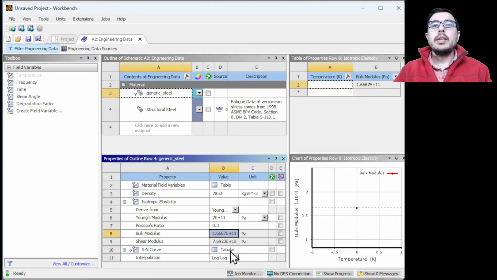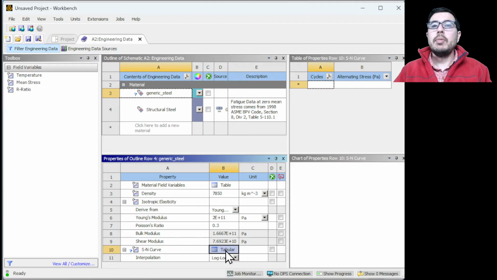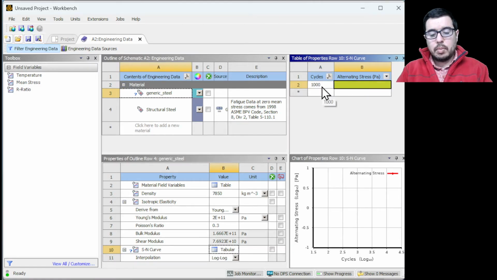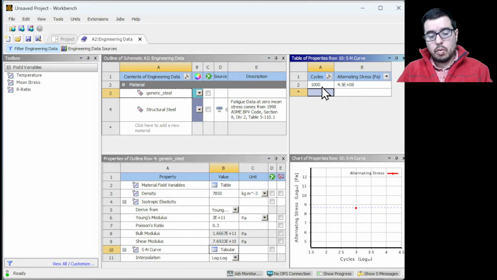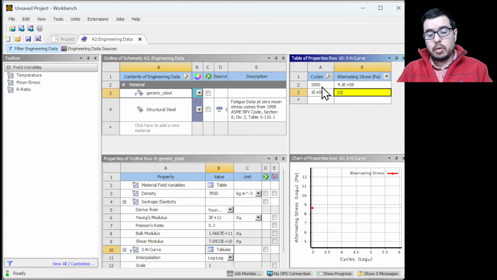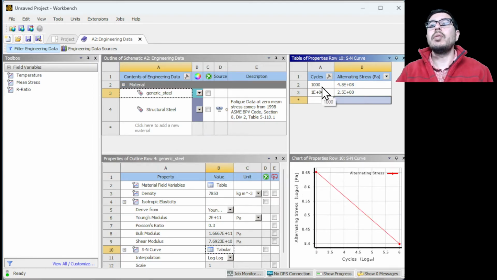And then for the Sn curve, we're going to hit this tabular button here, and we're going to put in 1,000, so 10 to the third cycles, will be associated with 450 megapascals, so 450 E6, and 1 million, 1 E6, will be associated with 250 E6. That would be 250 megapascals.